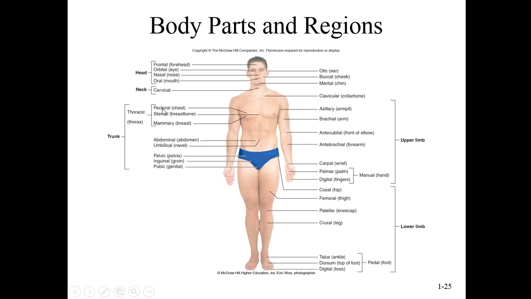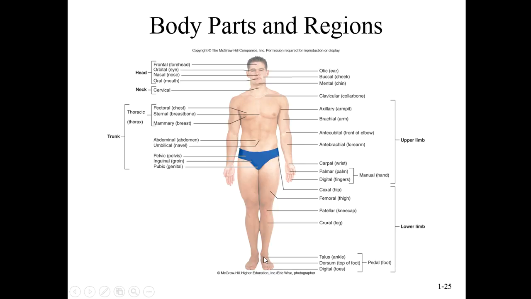Pectoral can be pronounced pectoral, sternal, mammary, abdominal, umbilical, pelvic, inguinal, pubic, otic, buccal, mental, clavicular, axillary, brachial, antecubital, antebrachial, carpal, palmar, digital, coxal, femoral or femoral, patellar, crural.